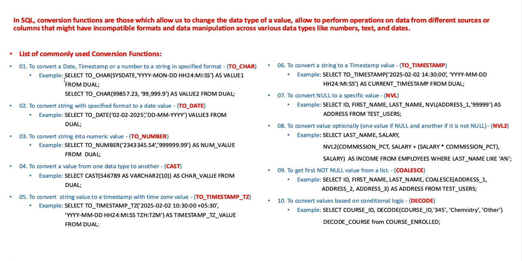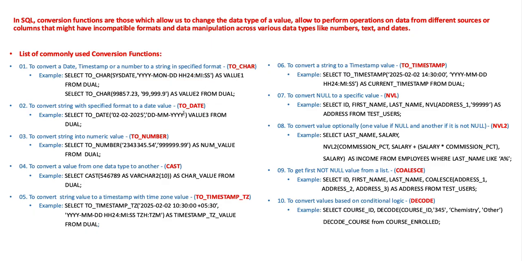In this example, I am going to convert the system date into the given format. That means I am trying to get a 4-digit year, 3-letter month, 2-digit day, hour, minute, and second format.